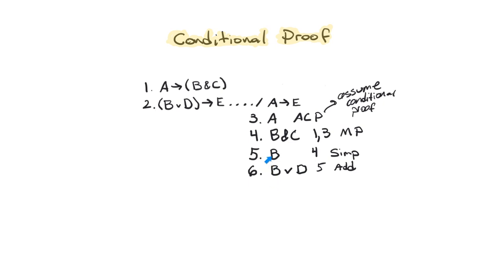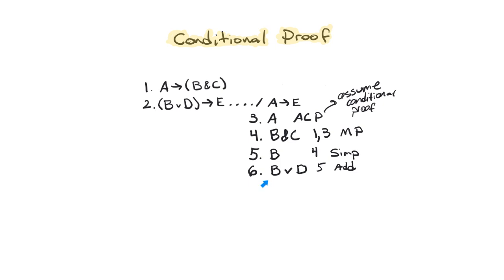So from B, we can add or D. It's justified through line 5 using the addition rule of inference, right? Because if B is true, you can add anything to it. You don't need to know if D is true or false for the whole disjunction to be true.